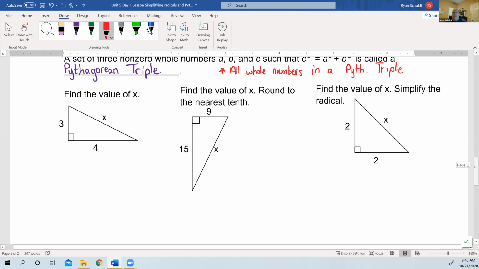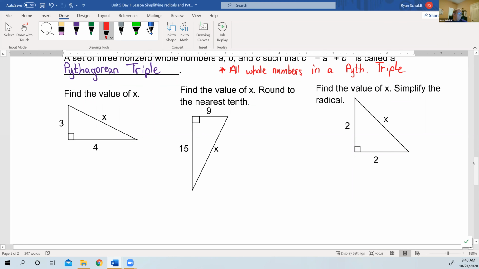Okay, let's look at these next examples. They ask us to find the value of x. Well, notice x is our C here. It's our hypotenuse because it's across from the right angle.